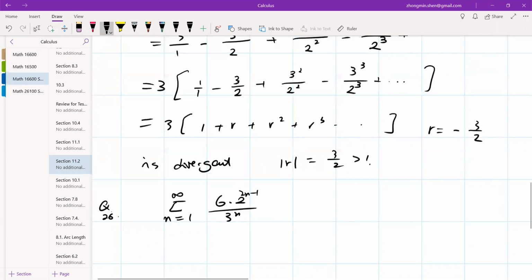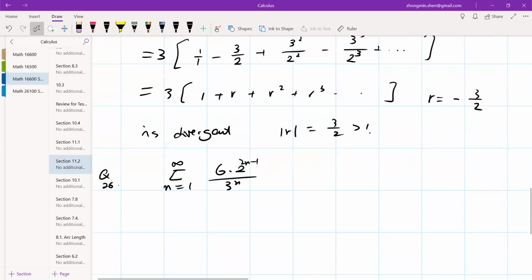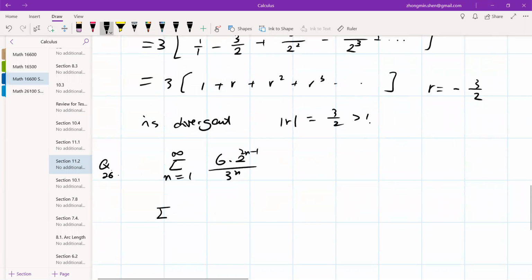Now let's start using sigma notation. Let's deal with this notation. Remember, let's say k starts from 0 to n, and r to the power k.